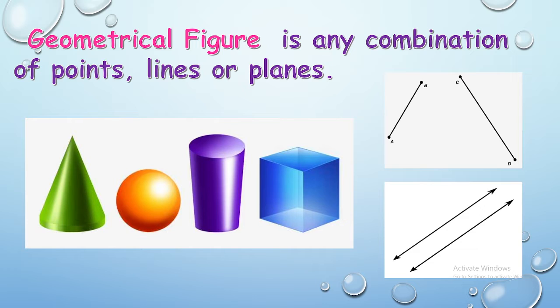This one is the first plane. It's like the side. For example, you have a tissue box. Do you see it? This one is one plane. It's like one side. And then you have one more side. Okay, that one is a geometrical figure. When you put them together, you can form a shape, right? It is any combination of points, lines, or planes. Like for example, you can combine this and this and this and this and then the other sides to make a shape.